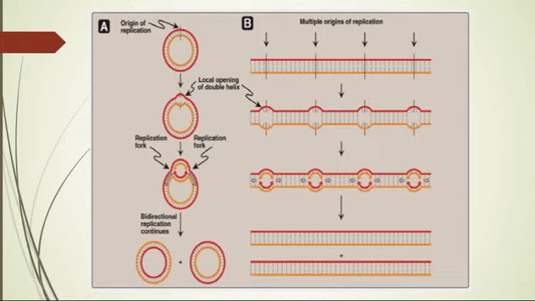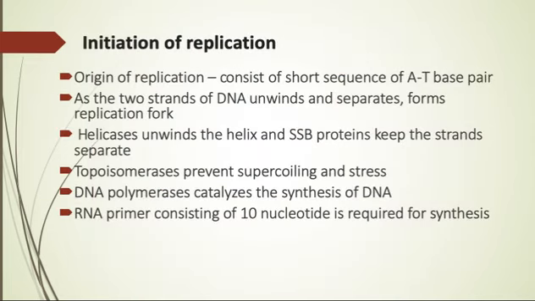So first we'll go on to the initiation of replication. What we said, there is an origin of replication. It is a short sequence of base pairs which is rich in A and T base pairs. As the two strands of DNA unwind and separate, it forms a replication bubble and then the fork. It is separated by helicases, right? Helicase unwinds the DNA strands, and SSB, that is single-stranded binding proteins, keeps the strands separate.